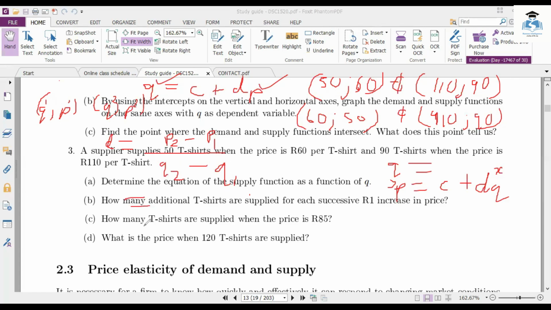Our P2 is 90 minus 60, over 110 minus 50. So 90 minus 60 is 30, over 110 minus 50, that's 60. Which is equal to 0.5.